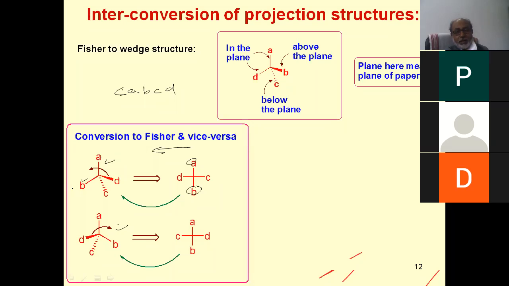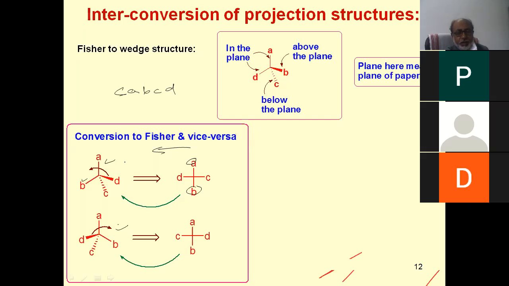I can write anywhere. That can be differentiated from one another by configuration. When we come to configuration R and S, that time we can understand which one is what. But here, just an example I am showing.